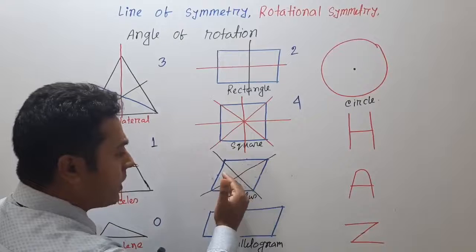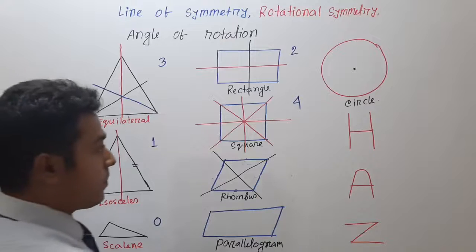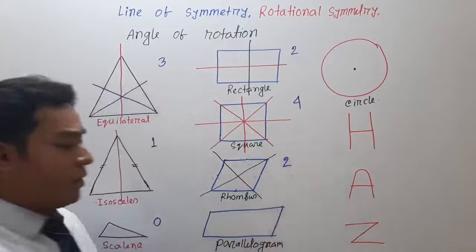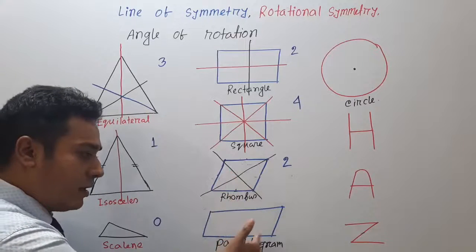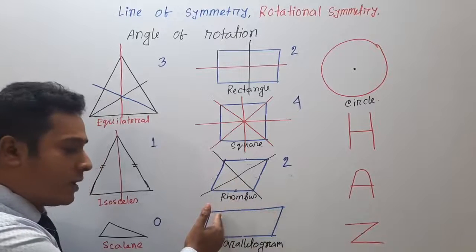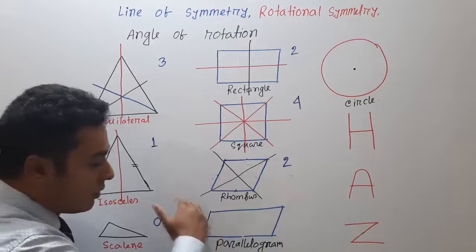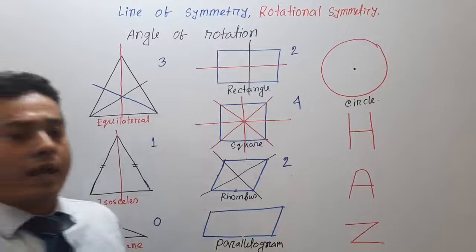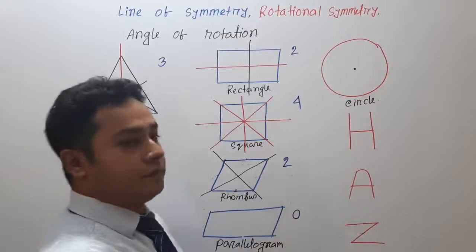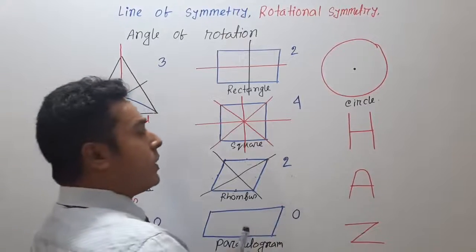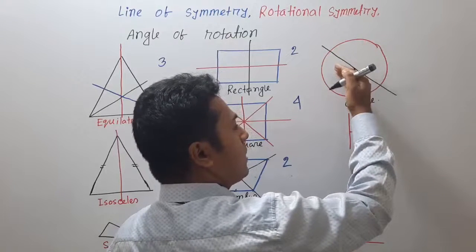So the rhombus has 2 lines of symmetry. But for the parallelogram, according to this line and this way, the halves do not overlap each other, and according to the diagonals, it has no line of symmetry. Okay, it is 0.